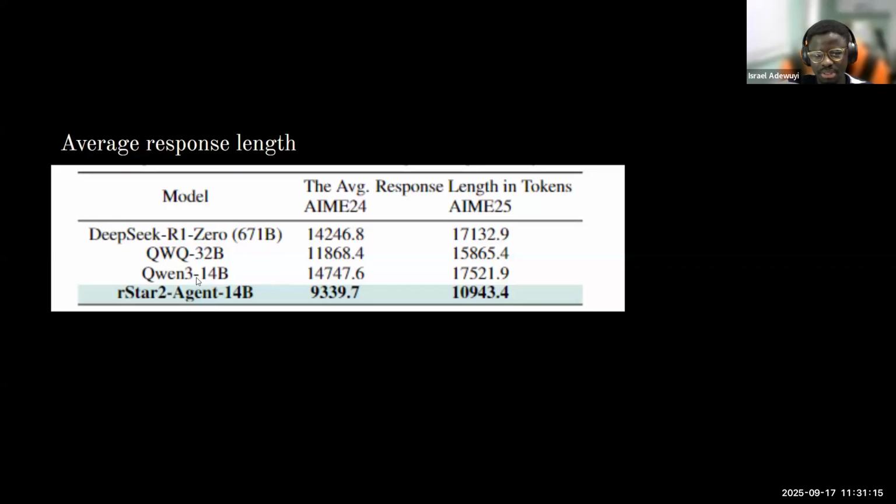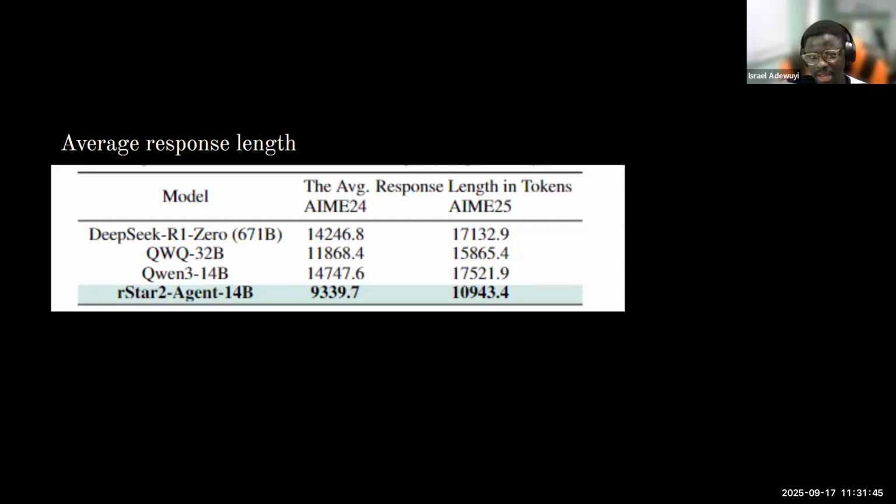So compared to the base model, Qwen3 14B, the response length is significantly different compared to Qwen 32B and DeepSeek R1 as well. You'd observe the difference in sequence length is a lot. They were basically trying to emphasize the point that they were able to get reasonably decent performance for not a lot of tokens compared to other frontier reasoning models.